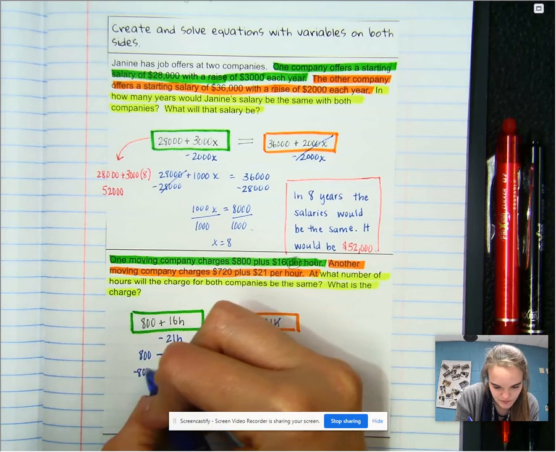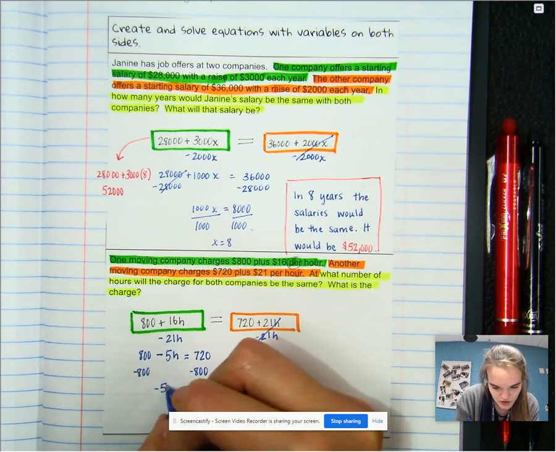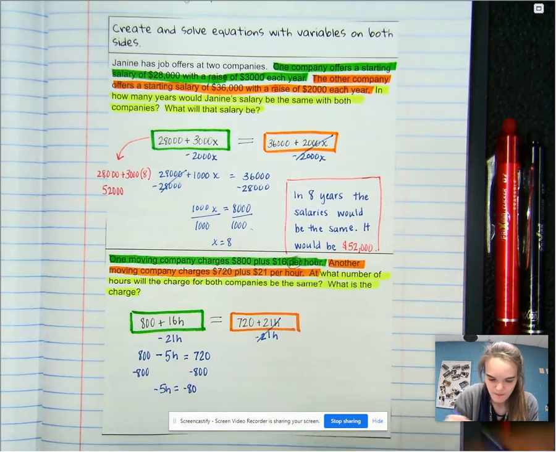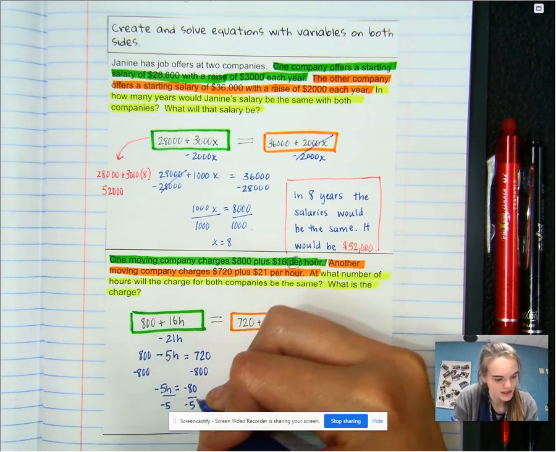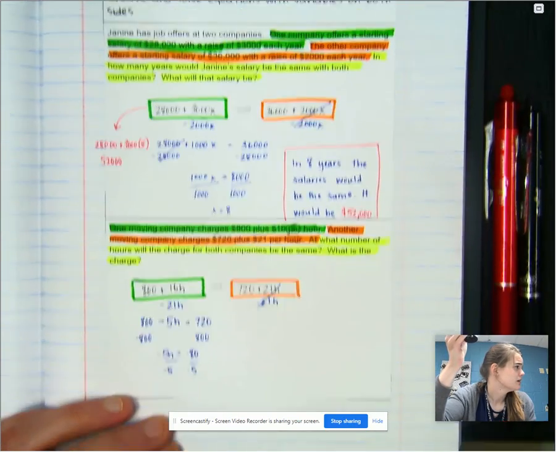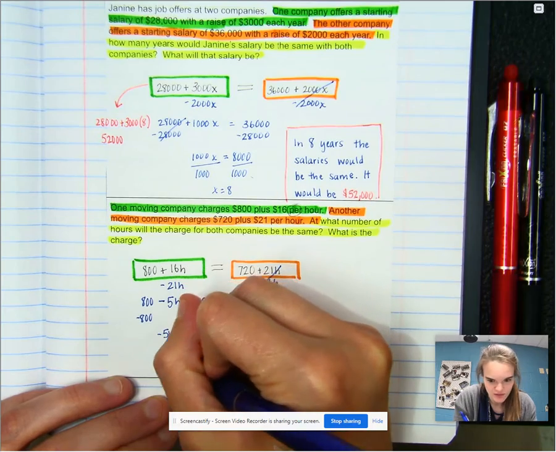Subtract 800. Negative 5H equals negative 80. Divide by negative 5. 80 divided by negative 5, let me make sure you can see it. Let me move it down a little bit. H, or hours, is 8.